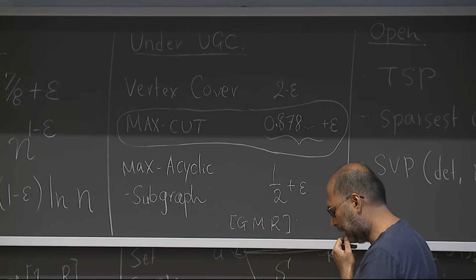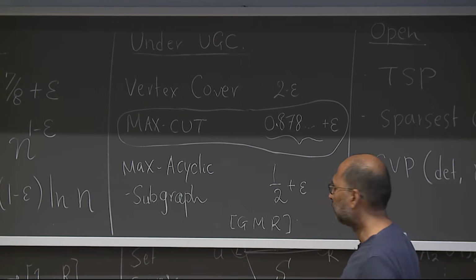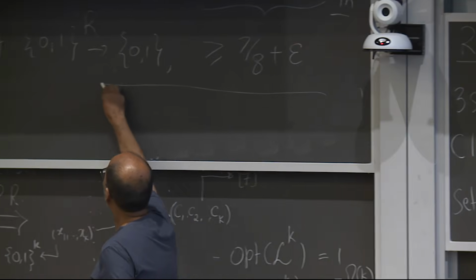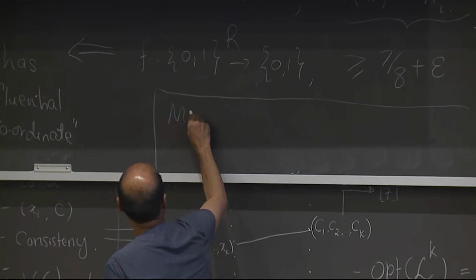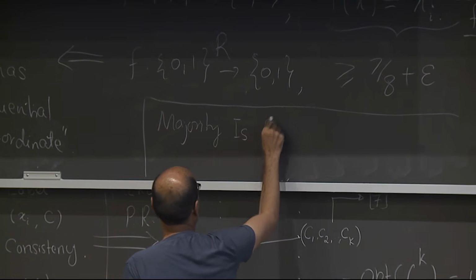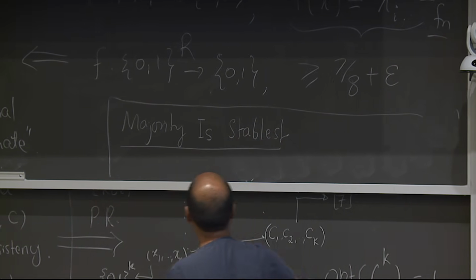So what this result said is that given any Boolean function, the result is known as majority is stablest. As the name indicates, majority is the stablest function. That's roughly the result, but you have to make it precise for it to be meaningful.